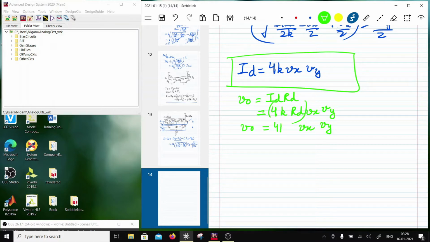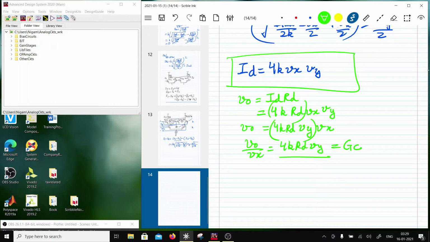So it doesn't matter. So I am going to absorb here Vy and Vx. So then Vo by Vx basically is equal to 4K Rd times of Vy. Okay, and this quantity is known as the conversion gain.